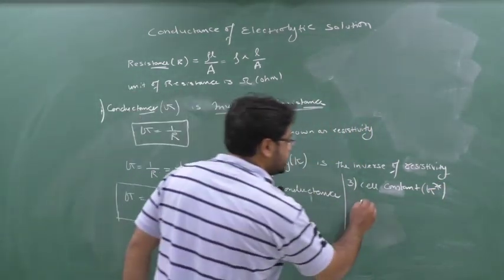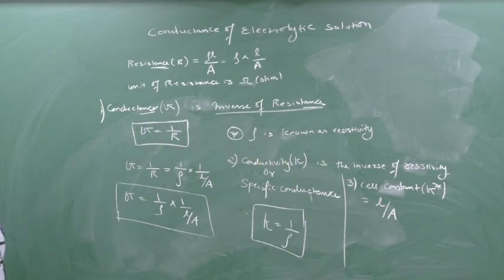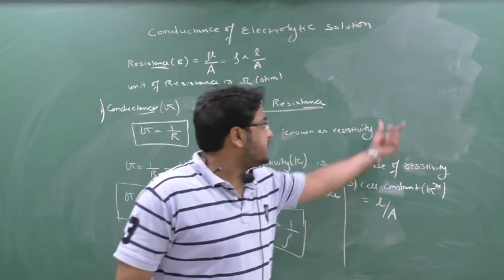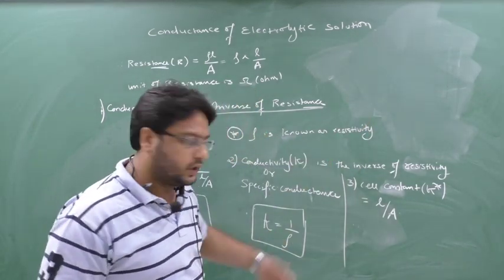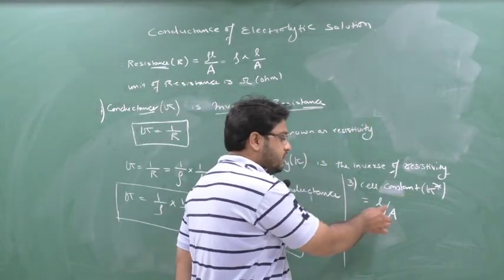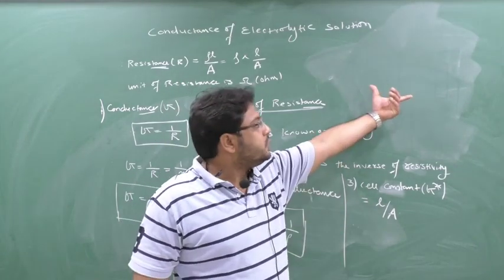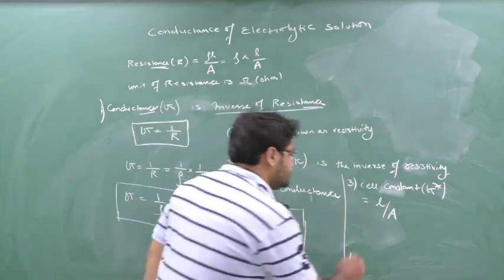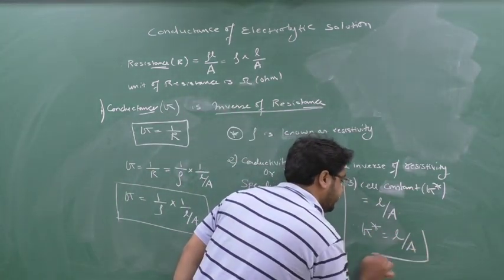So cell constant is nothing but L by A, so G star equal to L by A. It is the ratio of the length or distance between the two conductors to the cross sectional area of the electrode.